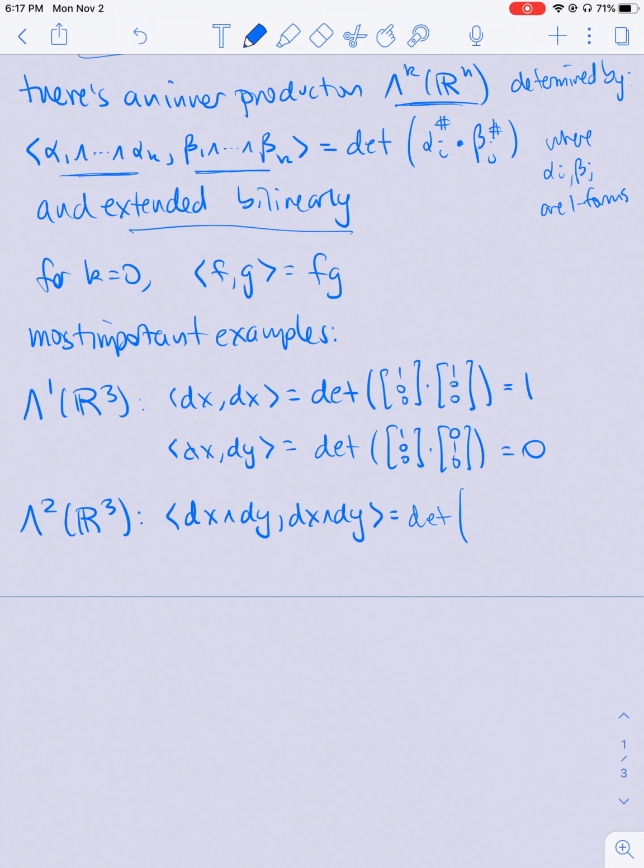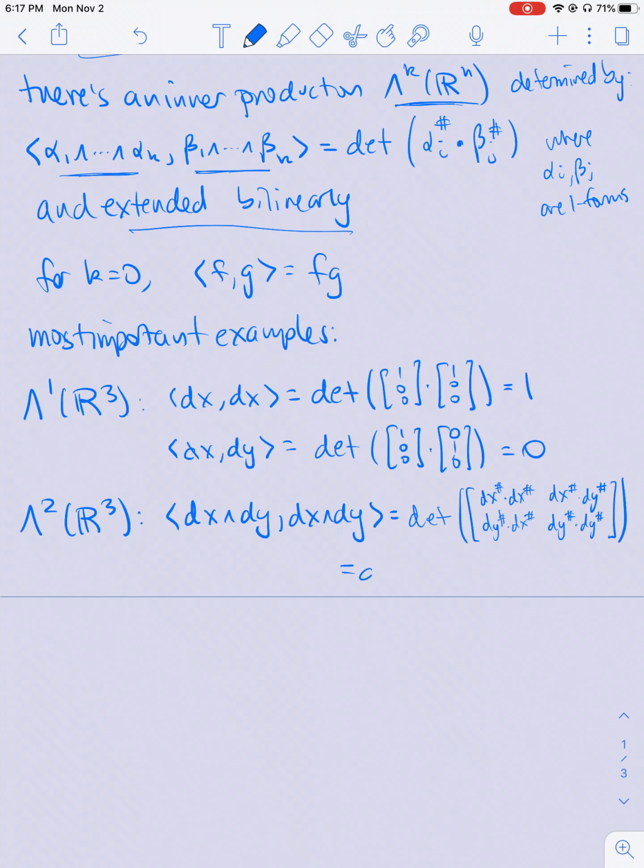Here what I'm going to get is the determinant of the 2-by-2 matrix, where the top left entry is dx sharp dot dx sharp, the top right entry is dx sharp dot dy sharp, the bottom left entry is dy sharp dot dx sharp, and the bottom right is dy sharp dot dy sharp.